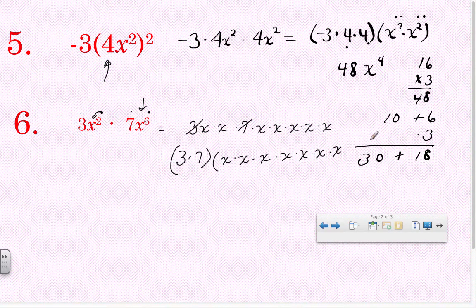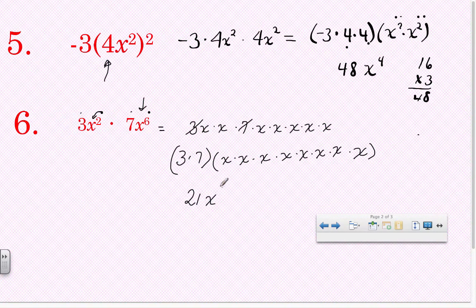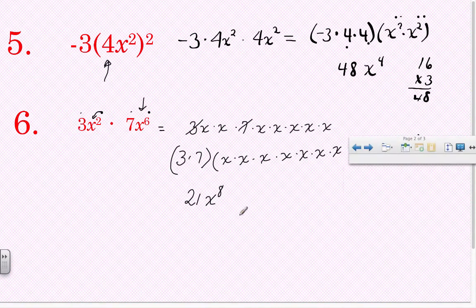I'm running out of room here, so let's clean this up. 8. So 3 times 7 is 21, and we just wrote down x 8 times, so that must be the answer. So has anybody seen the shortcut?